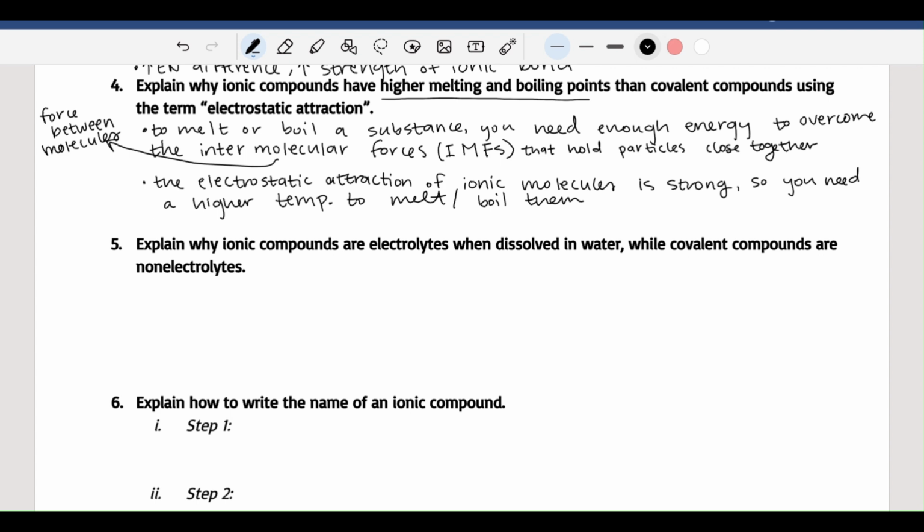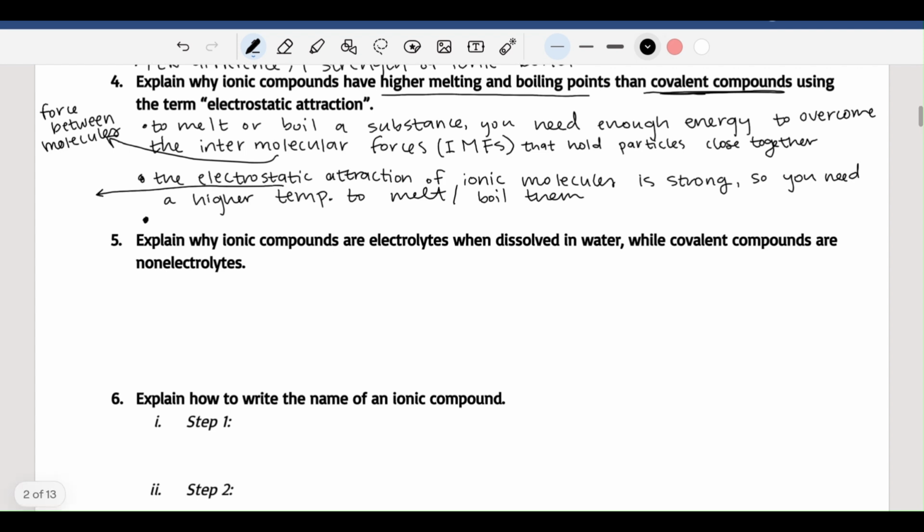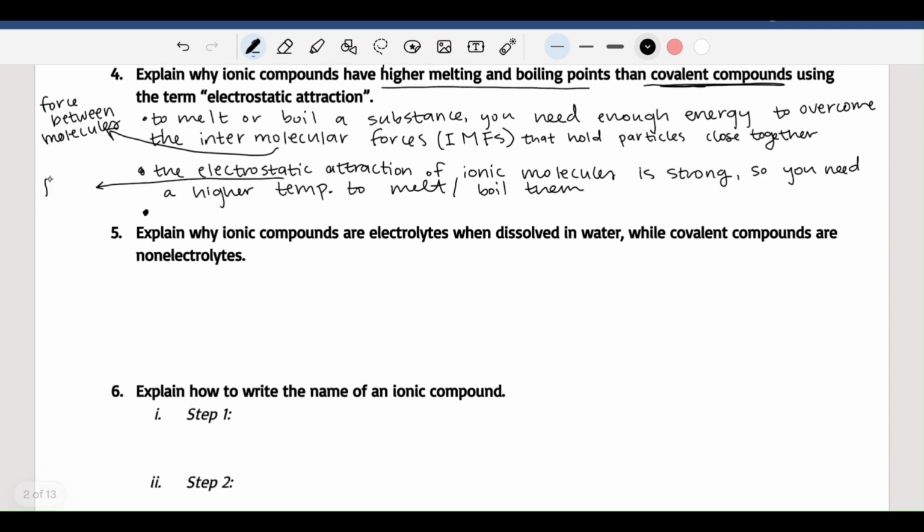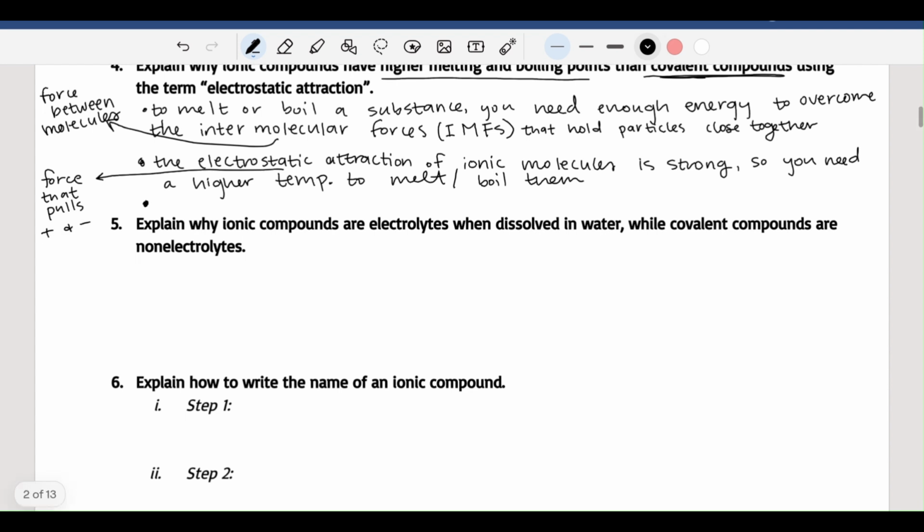We need to leave some space because when we talk about covalent compounds, we're going to come in and say why covalent compounds do not have as high of a boiling point. So just draw one more bullet point and then leave that there for when we come back later. Oh, I erased that on accident. Okay, so now drawing an arrow from electrostatic attraction. This is the force that pulls the positive and negative ions together.